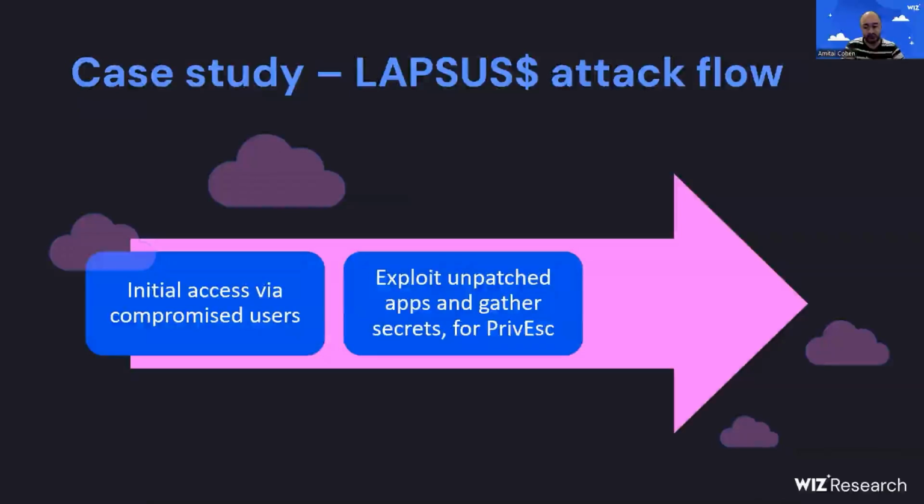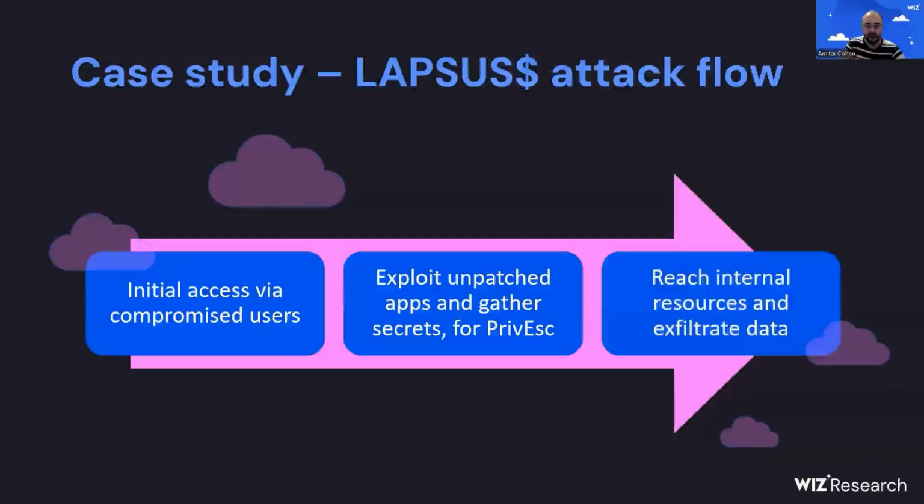They steal secrets from those apps, for example, privileged applications within the internal environment, and then they use that for privilege escalation in order to move laterally within the environment. Finally, they reach resources that are of interest to them because they contain interesting data, such as trade secrets, IP, maybe customer data, and then they steal it.